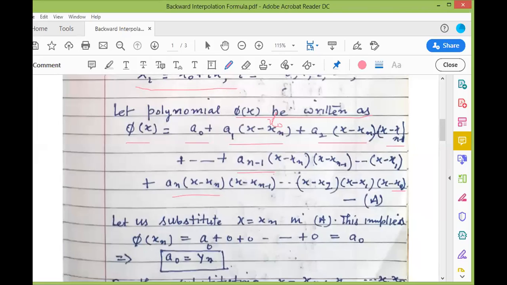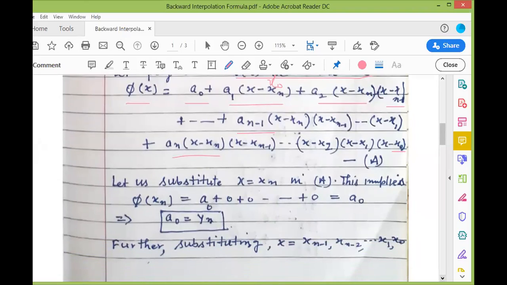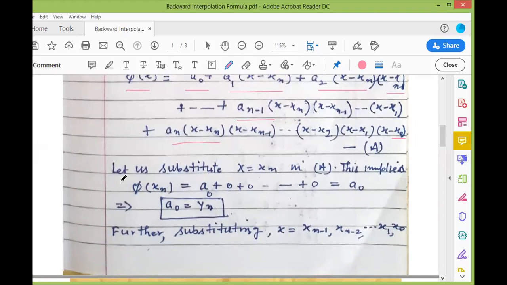the derivation. What we are going to discuss further is that let us substitute the value x is equal to xn in A. Similarly, if you remember, in the previous lecture we used to put the value x is equal to x naught.